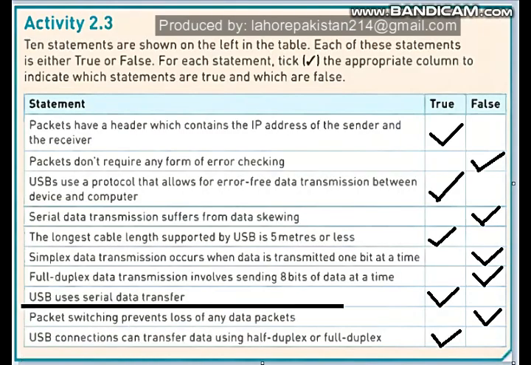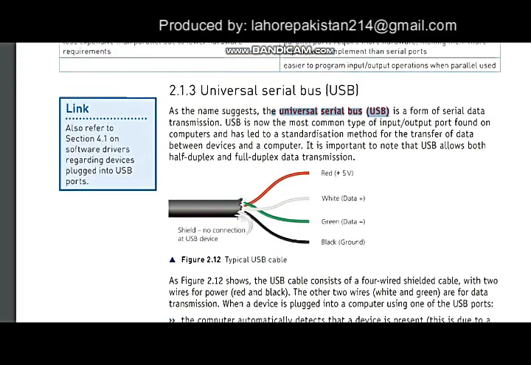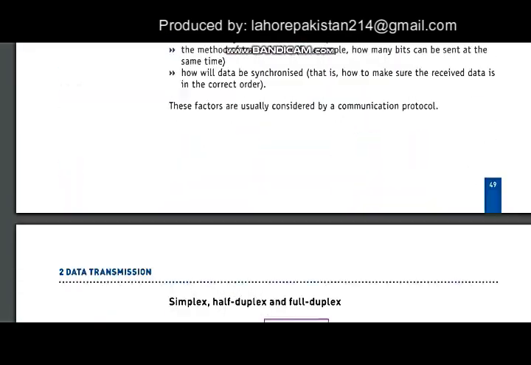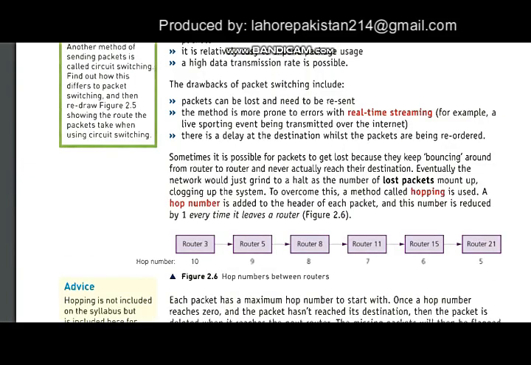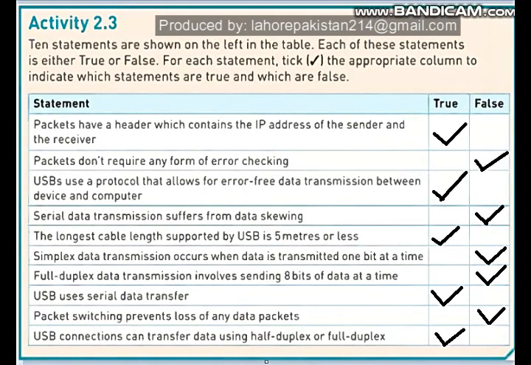The next statement is this: packet switching prevents loss of any data packets, which is false, because it's mentioned in the topic of packet switching that packets get lost and they are retransmitted during the transmission. So this statement is false.